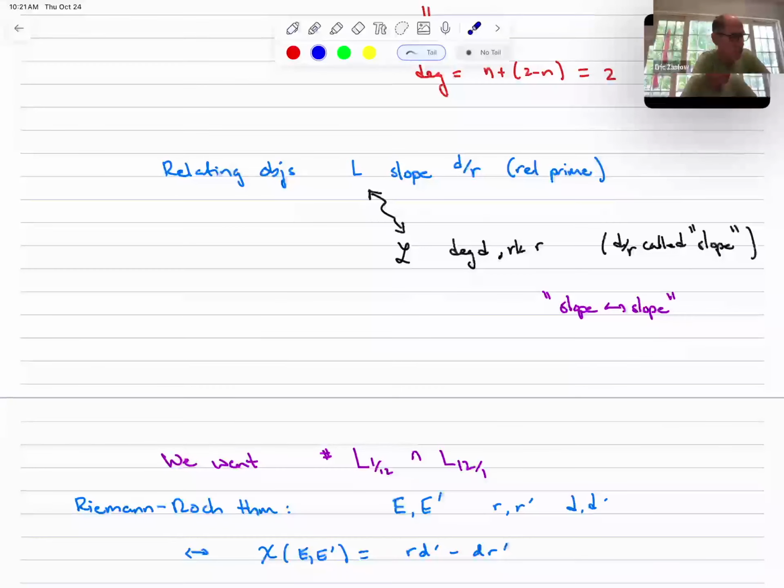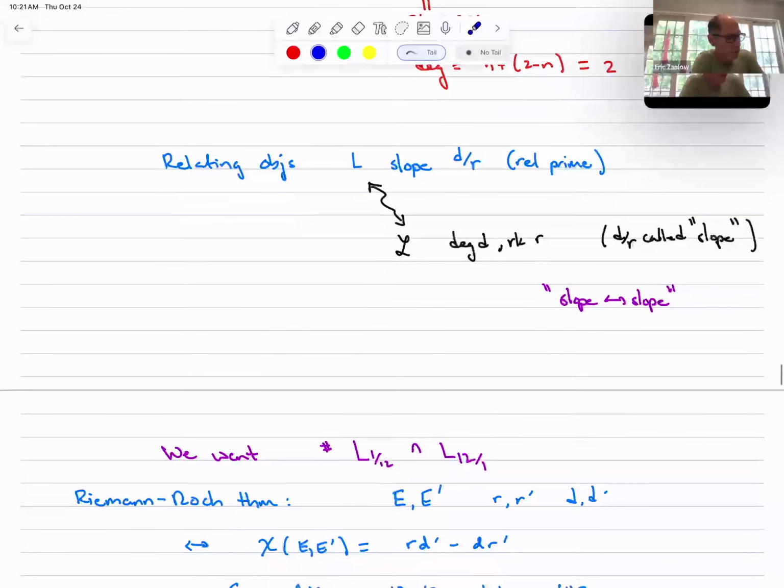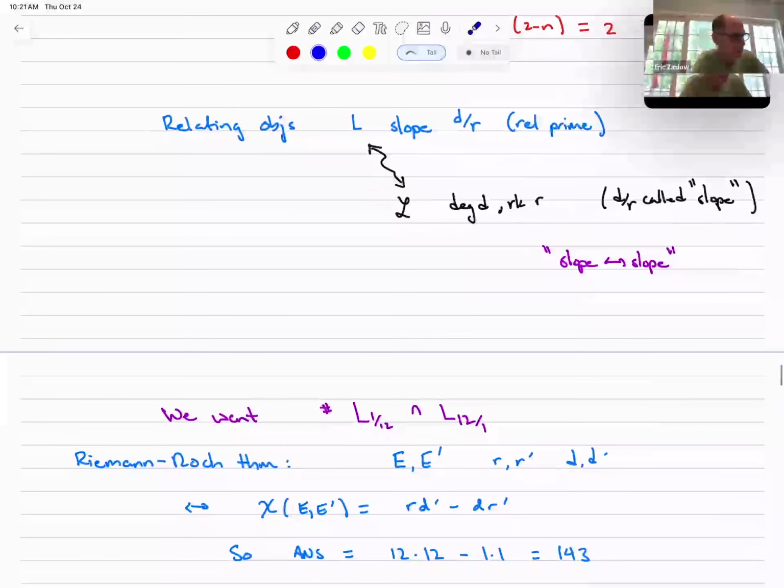So the rank of one times the degree of the other minus the degree of the first times the rank of the other. So if I plug in, so this is rank, degree. Wait, what am I talking about? Sorry, no, degree, rank.